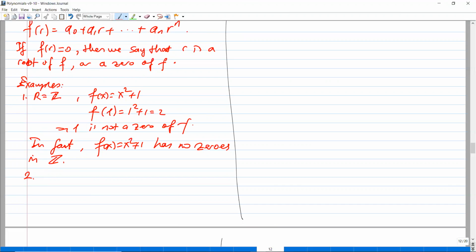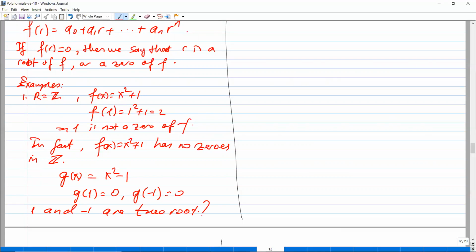And the second example. Let's take in R, g of x to be x squared minus 1. Then g of 1 is 0. g of minus 1 is also 0. So it has two roots. 1 and minus 1 are two roots.